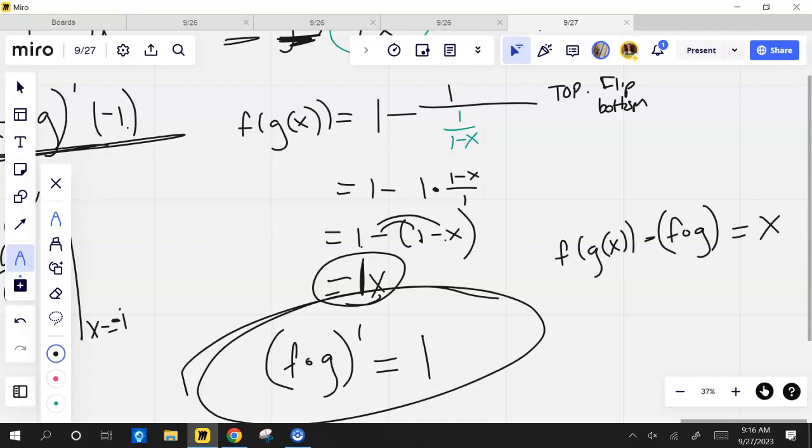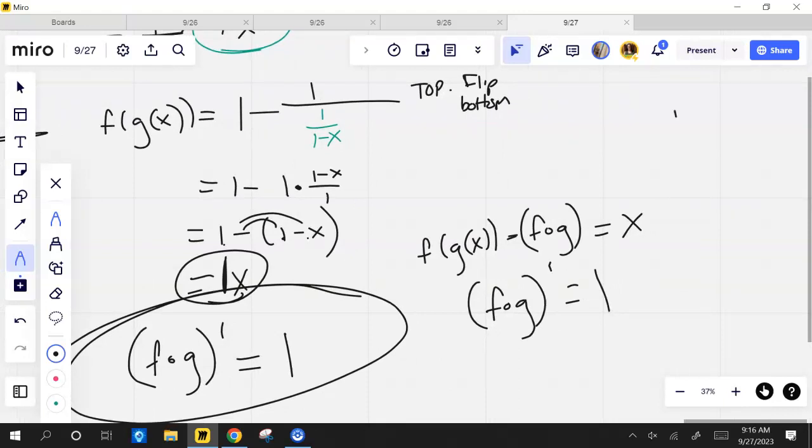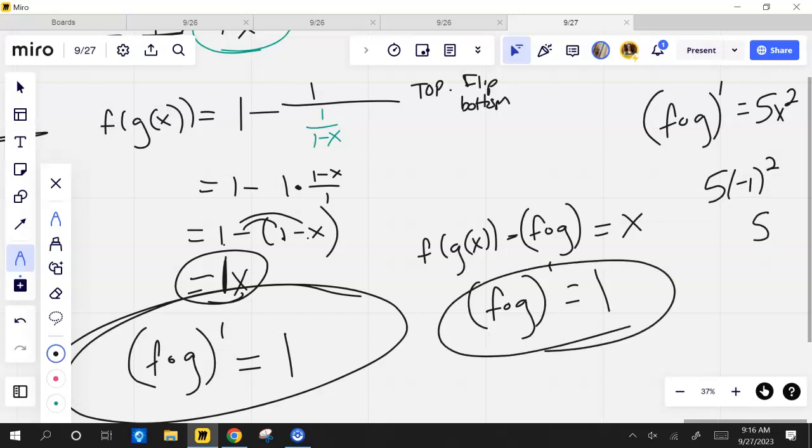Well, the problem is whenever I find the derivative here, there's nothing to plug in for x. If I had gotten that this was, I don't know, 5x squared, the derivative, and it said evaluate when x is -1, then I have something to plug into, right? But here, it's always, and that's because it's a linear function, and linears have a constant slope all the time. So the derivative is always the same.